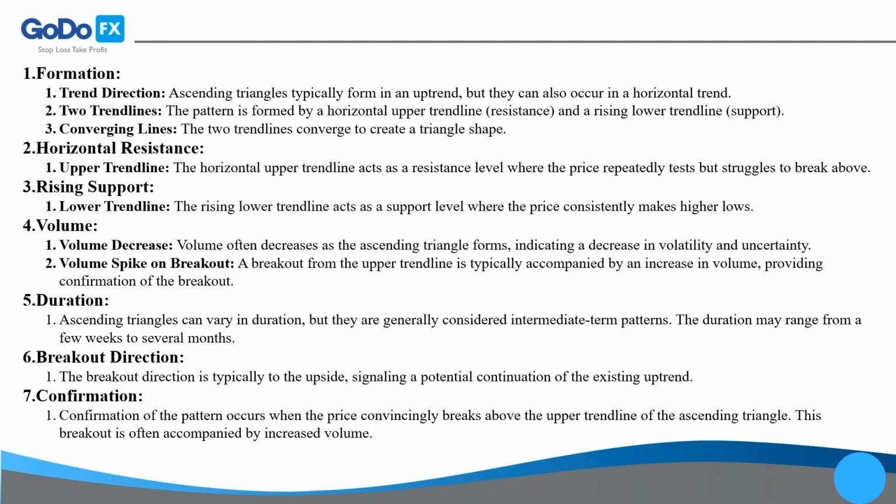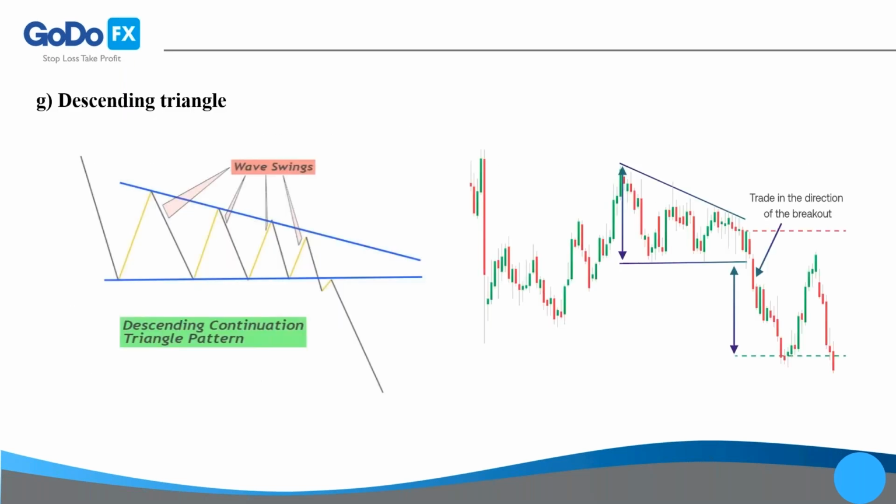The duration may range from a few weeks to several months. The breakout direction is typically to the upside, signaling a potential continuation of the existing uptrend. To confirm this pattern, the price convincingly breaks above the upper trend line of the ascending triangle, and this breakout is often accompanied by an increase in volume.